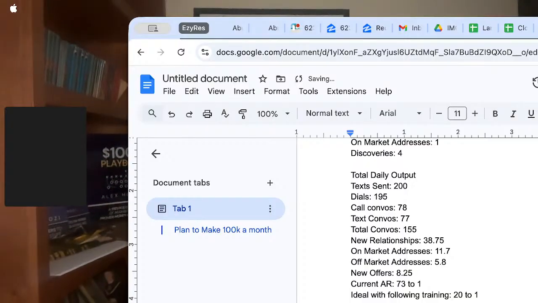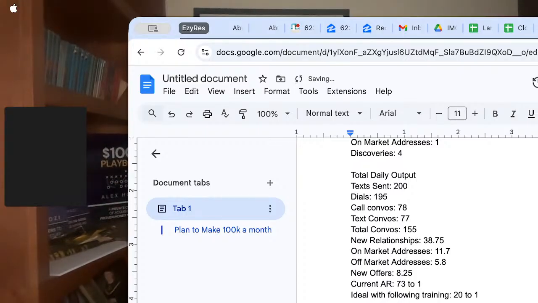And then new relationships, 38.75 times 6, 232.5. And then on market, 11.7 times 6 is 70.2. Off market, 5.8 times 6, 34.8.